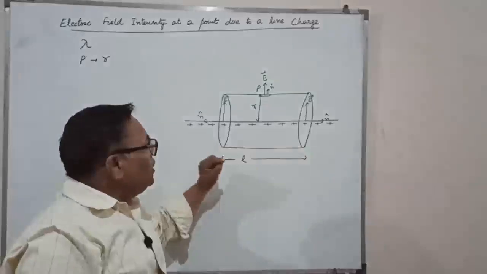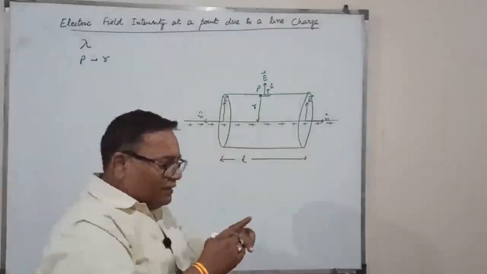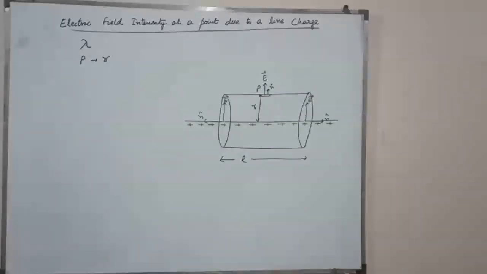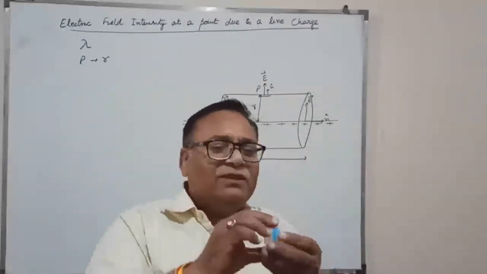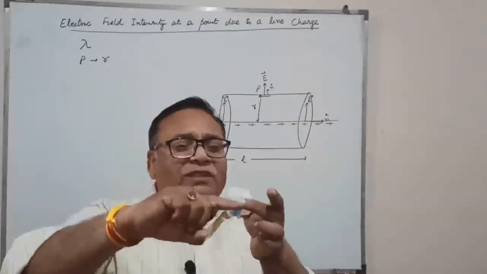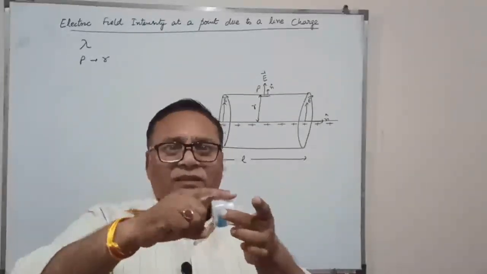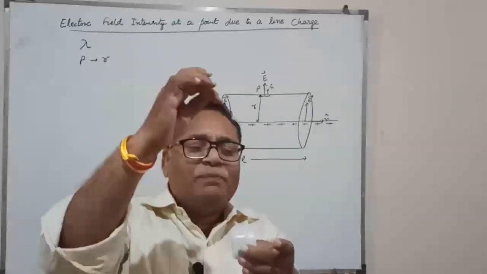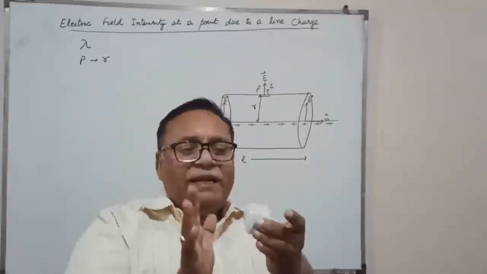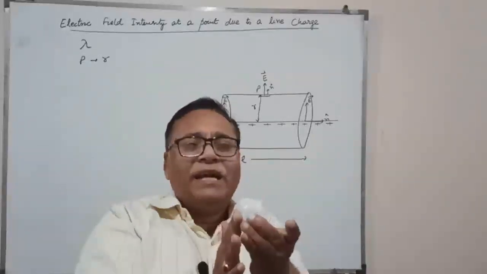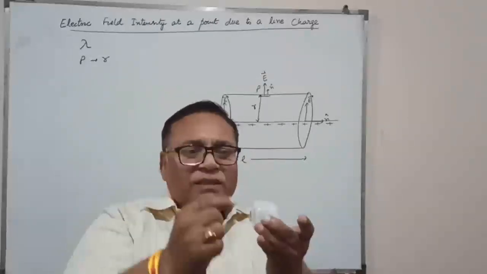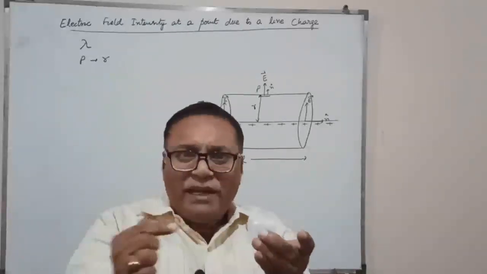First, the direction of electric field intensity. For example, this is the cylindrical surface. Then first, this is the curved surface, the area vector is perpendicular this side and electric field intensity is also this side. And these both are the ends. Here electric field intensity is upward and this lies along the axis.